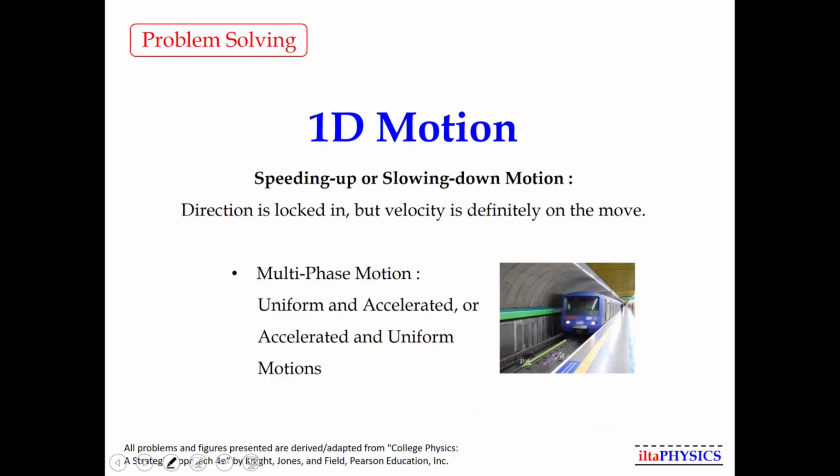The accelerated motion we'll cover today involves objects moving in one dimension where the direction doesn't change, but the speed does. We'll look at several different types of problems. Specifically, we'll solve multi-phase motion problems, such as an object moving at a constant velocity and then accelerating, or vice versa.